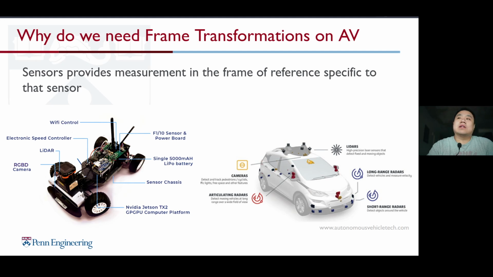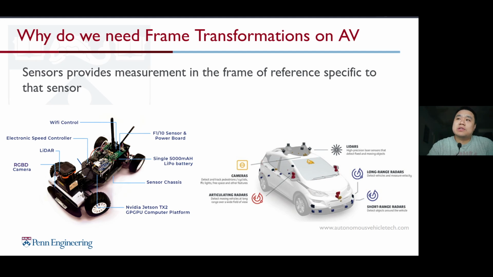So imagine having a LiDAR mounted on top of the vehicle. The measurement from the LiDAR gives us the distance from the obstacle to that LiDAR, but not the distance from the obstacle to the front bumper. But we probably want to know the distance between the obstacle and the front bumper, and in this case, frame transformations will come in handy.